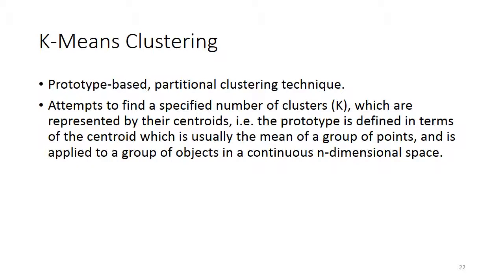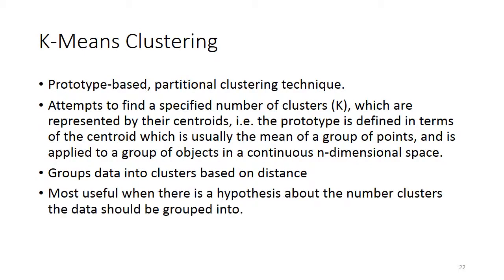It attempts to find a pre-specified number of clusters, k, which are represented by the centroids, hence prototype-based clustering. The prototype or centroid is usually just the mean of a group of points, and is applied in continuous n-dimensional space. It groups the data into clusters based on distance, such as Euclidean, as we're going to use here.